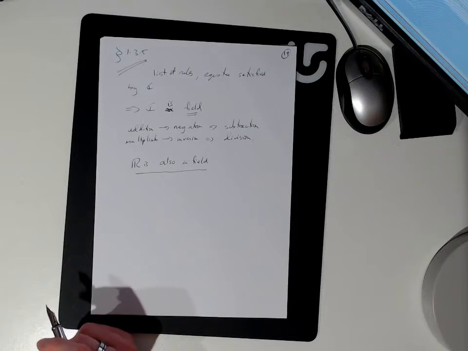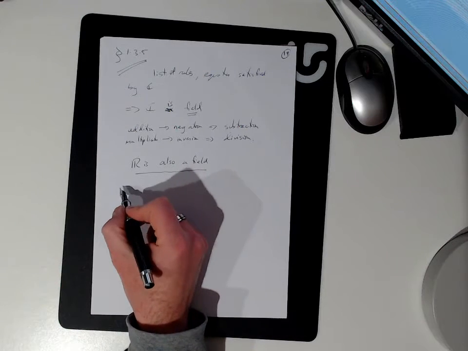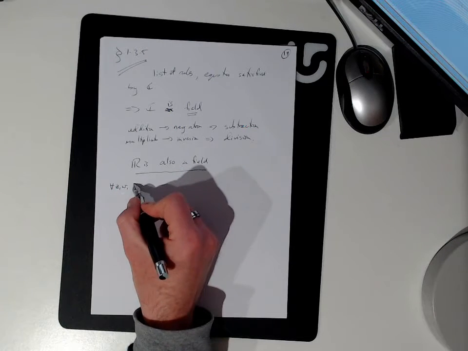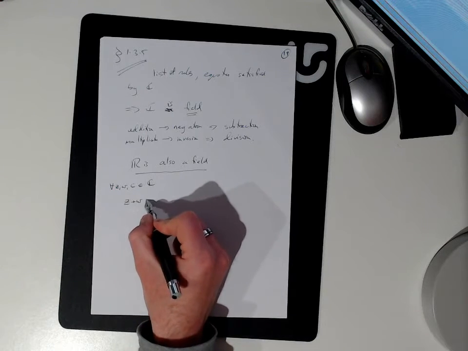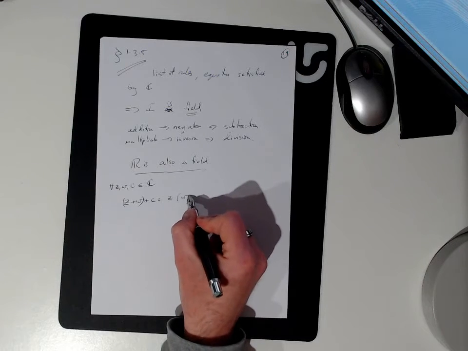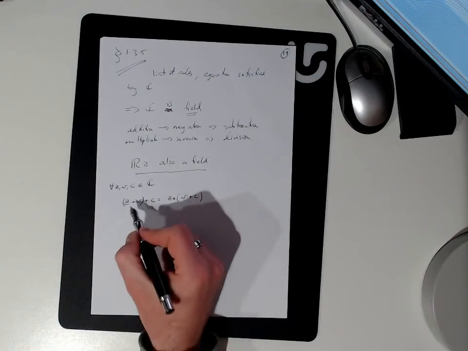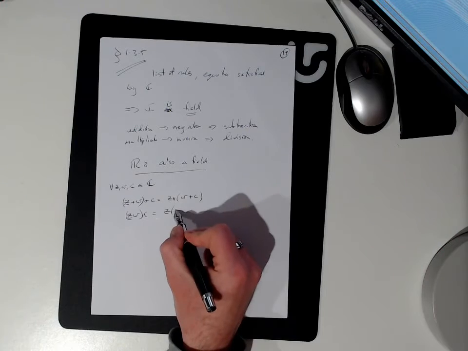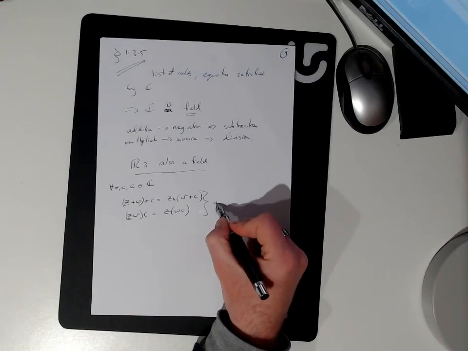Okay, some of the rules we haven't talked about. Most of them we have, but some of them you haven't, so I'm going to write them down. For z, w, and c inside the complex numbers, we have (z + w) + c = z + (w + c), and (zw)c = z(wc), which basically says it doesn't matter what order you add or multiply in, you get the same result. These are associativity.